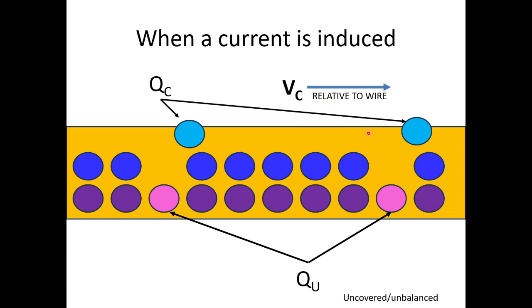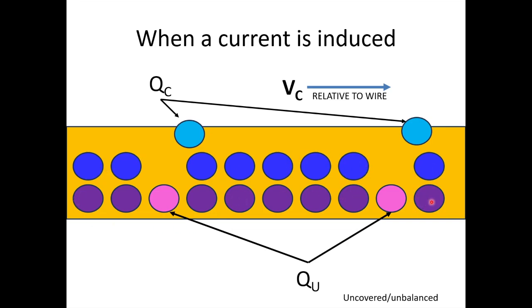Now, what's happening here is that these charges are pushed a little bit away. This happens all throughout the body of the wire. This is just a representation that these are now in motion. And because they are in motion, the ones that they originally balanced now become uncovered or unbalanced. This is important because when we do our calculations in the future, we're not going to consider the rest of these charges.